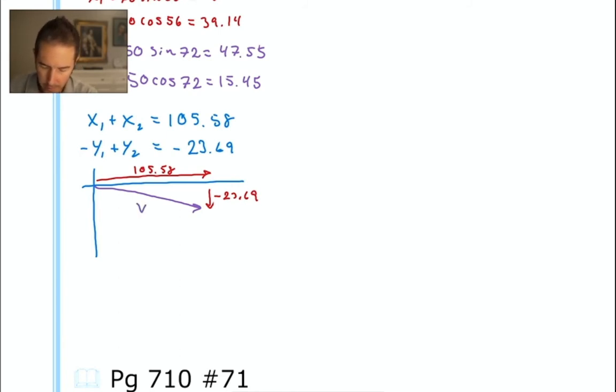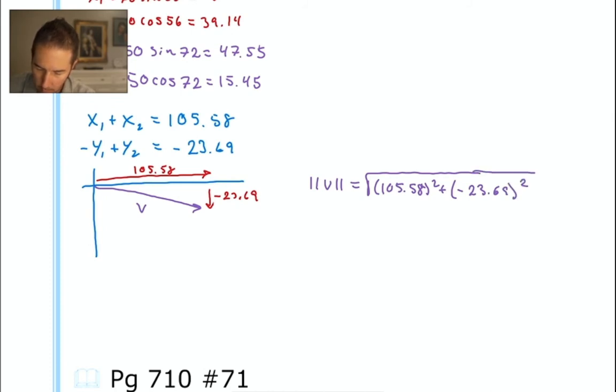The magnitude of v can be found by taking the square root of the sum of the squares. So we have 105.58 squared plus negative 23.69.